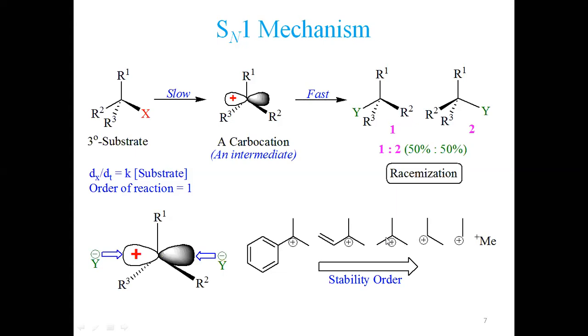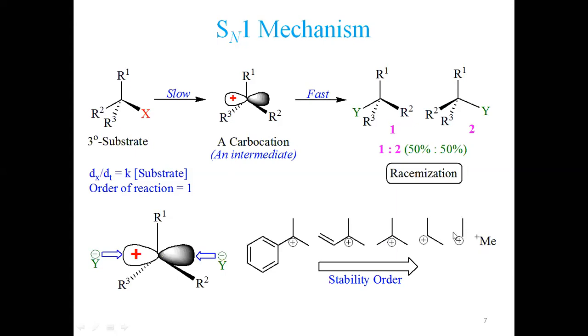Whereas if I replace one of these methyls by hydrogen, let's say this is a secondary carbon, not a tertiary carbon, then 3 and 3, 6 hyperconjugation forms. If I replace R2 and R3 by hydrogen, this is a primary carbon, so it shall be very unstable because it shall have only 3 hyperconjugation forms. And the methyl cation shall be least stable.